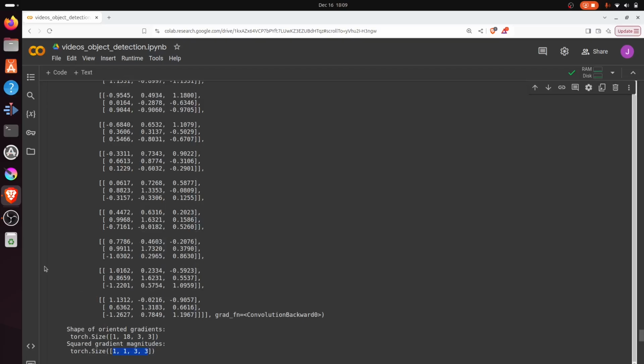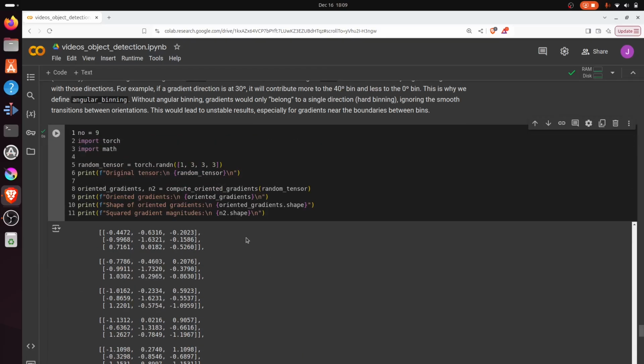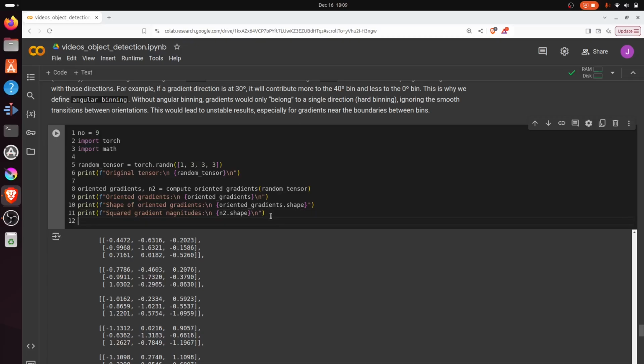So we just get one set of 3x3 tensors, where essentially all the maximum squared gradient magnitudes associated to a given image are stored. Fantastic. So that is just visualizing the results that we obtained through the previous method, the compute-oriented gradients.